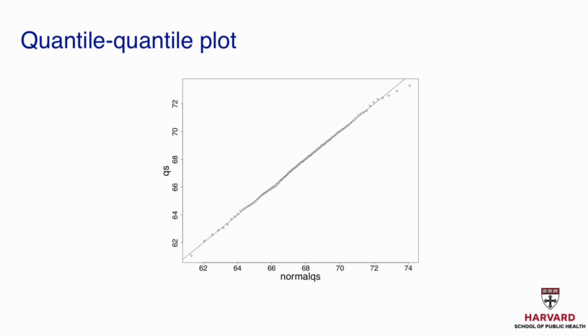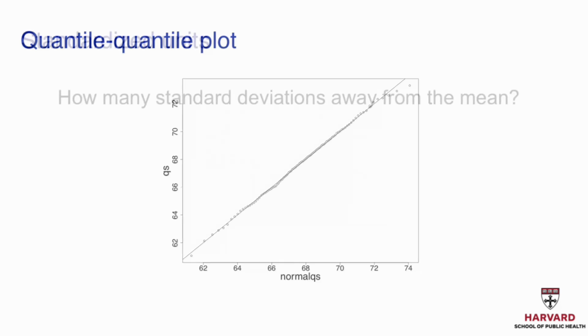We do that for our data set, and we also do that for the normal distribution. And what we're plotting here is, on the x-axis, the percentiles for the normal distribution, and on the y-axis, the percentiles for our data. If these two have the same distribution, then these points should fall on the identity line. And in this case, they are pretty close. So this is telling us that this is a pretty good approximation.